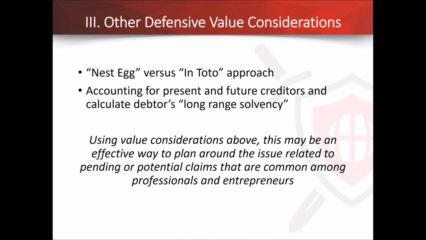Yeah. So I would say at least 50% of the clients that come in have some kind of guarantee or contingent liability, or there's some small issue that they're involved in depending on their profession. So there's this nest egg approach, which is basically an incorporation of what we've been talking about in terms of valuing and exposure.